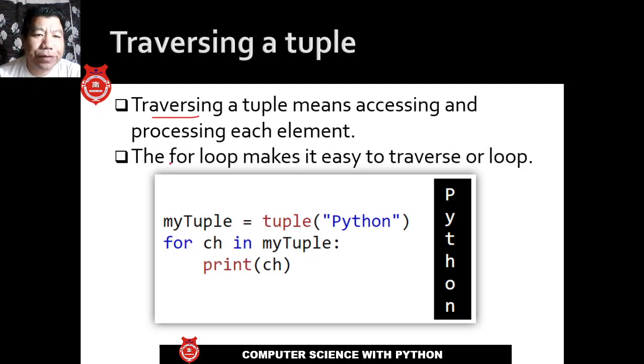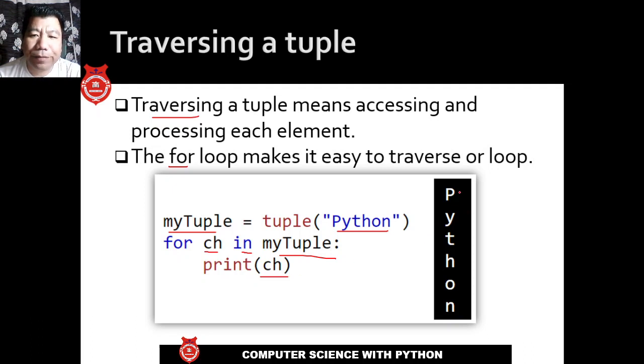For this, you can use the for loop to go from one element to another in the tuple. For example, here I'm creating my tuple, and the elements are the characters of Python: P, Y, T, H, O, N. Using a for loop, for ch in my tuple, I'm going to print each character one by one.